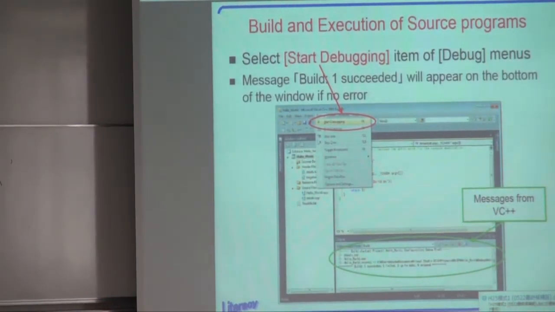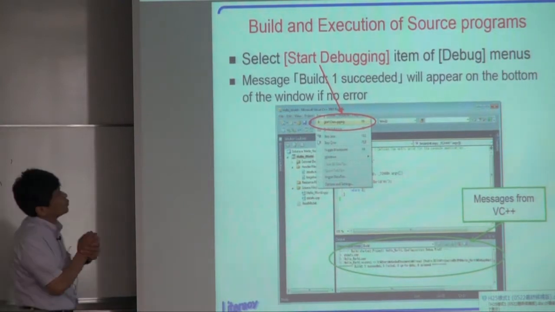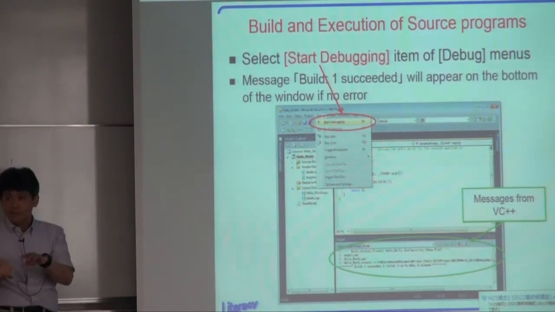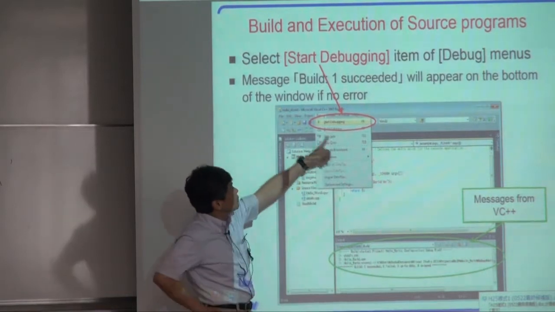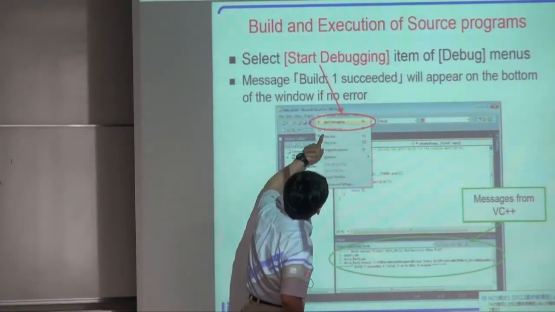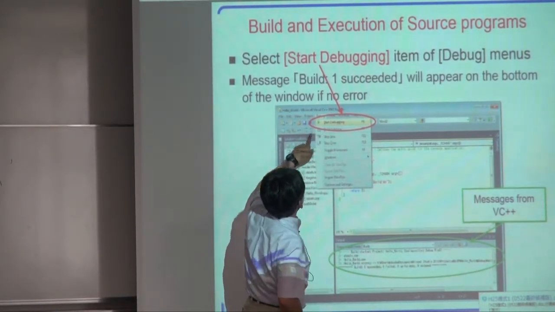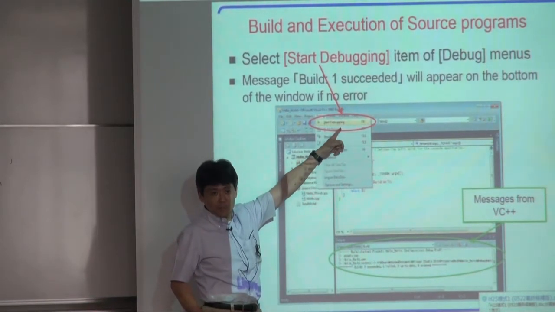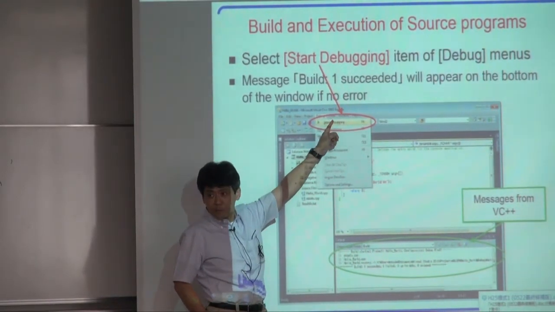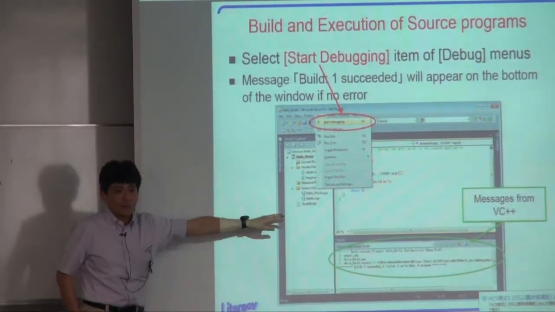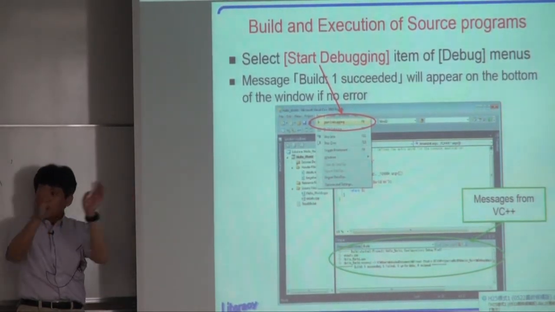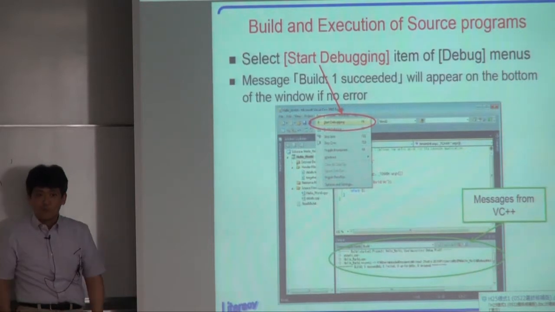Okay, so there is one operation to compile and execute atomically, by selecting the Start Debugging menu item from the Debug pull-down menu. The system automatically compiles and executes your program.